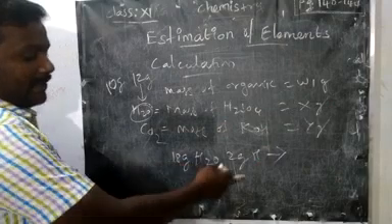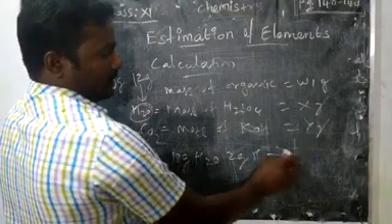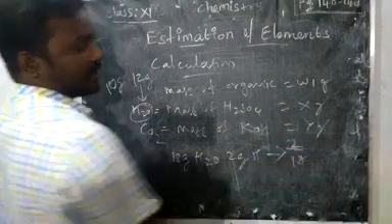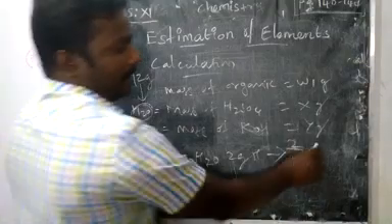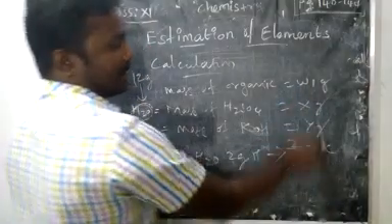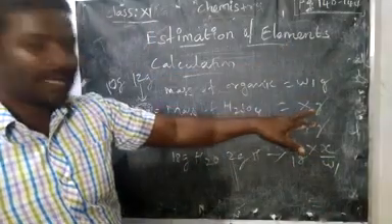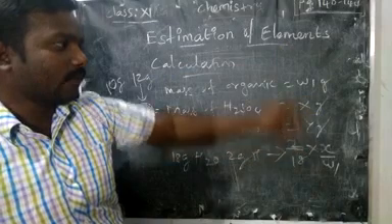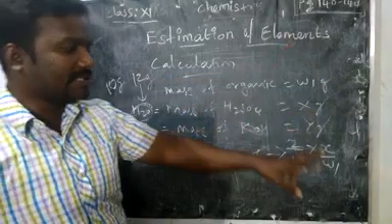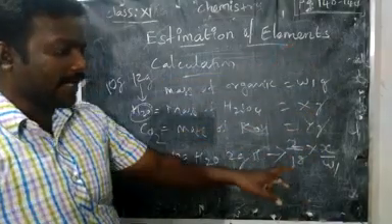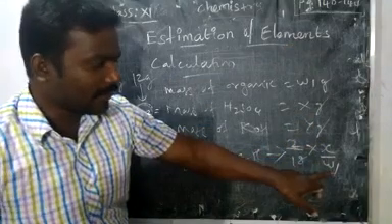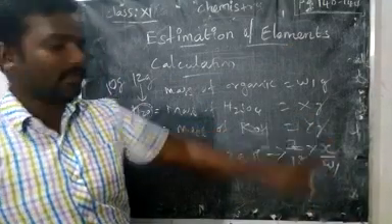So out of 18, 2 gram is present. For x amount in the W1, because from the W1 only we have prepared x and y. So out of W1, how much x is found? 18 gives 2 gram, then W1 gives how many gram?